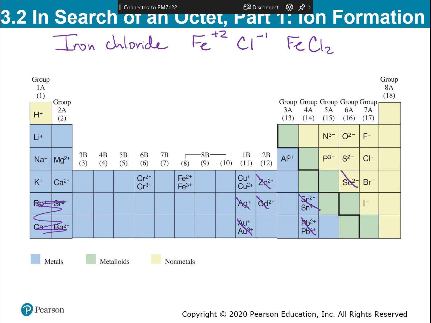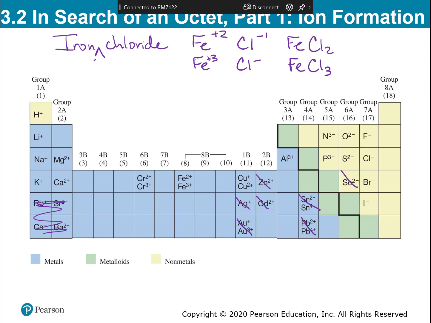But what if I had this? What if I had Fe with the +3 in chlorine? What would the formula be? FeCl3 if I did the swap. So do you see I could have 2 possible combinations of iron with chlorine? So how do you know? This is where you have to use what they call a Roman numeral. So the Roman numeral goes in between the iron and the chlorine.